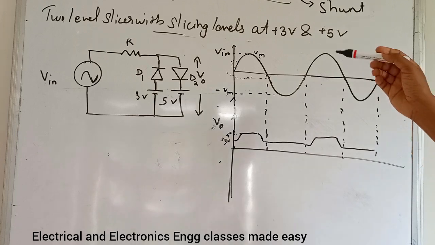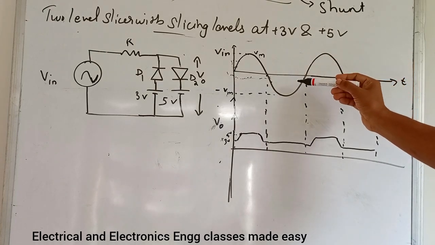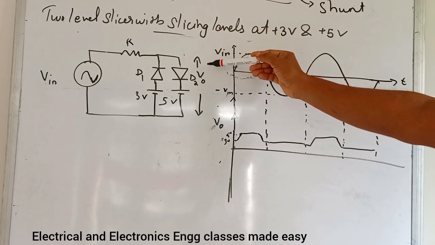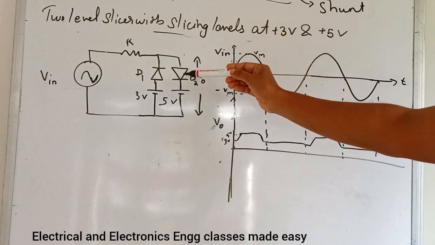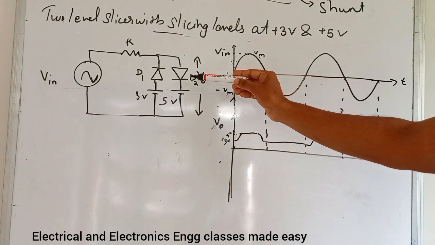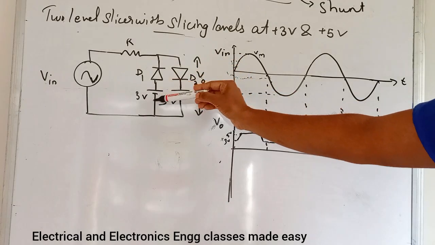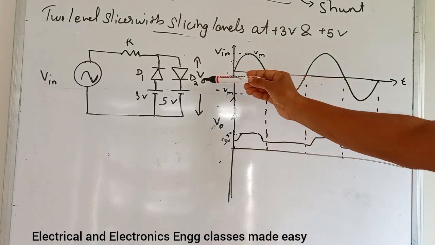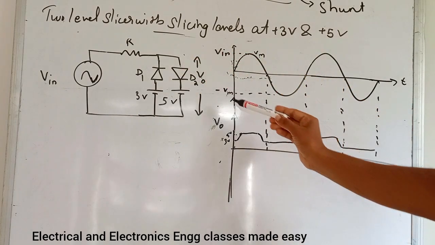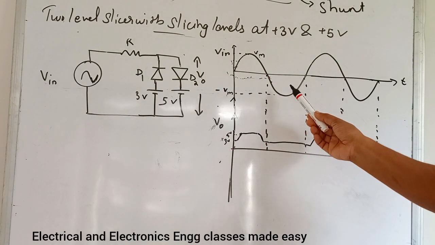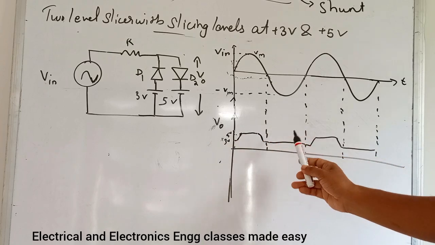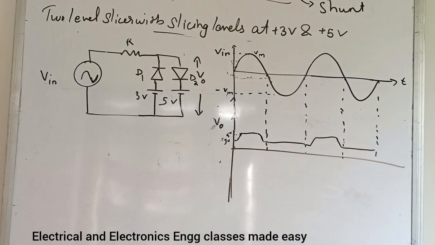So here during the negative half cycle of the input, diode D1 conducts and D2 will be reverse biased. So during the negative half cycle, this 3 volt will be maintained here. So we will get a slicer at this level. That is the output waveform will be between 3 volt and this 5 volt.